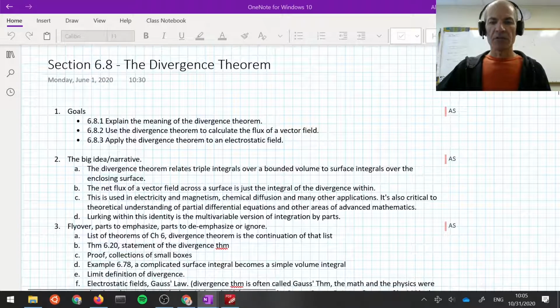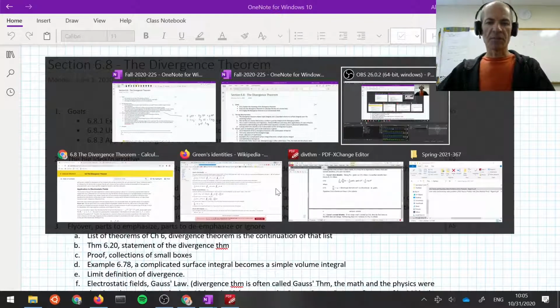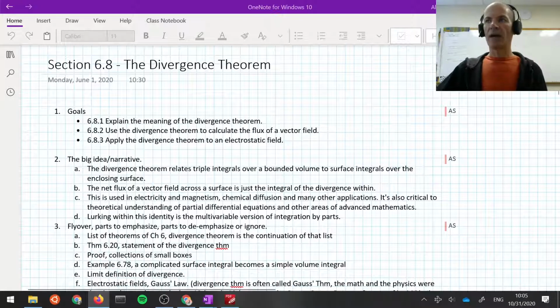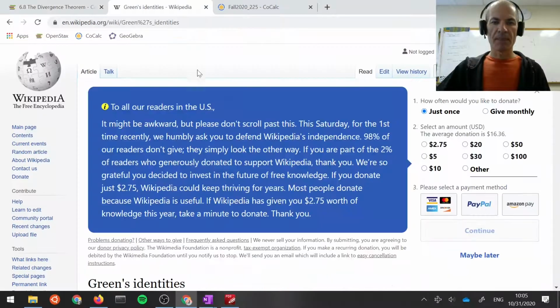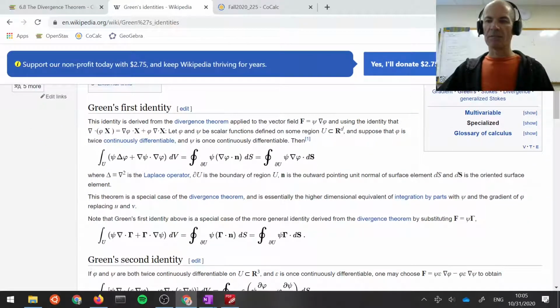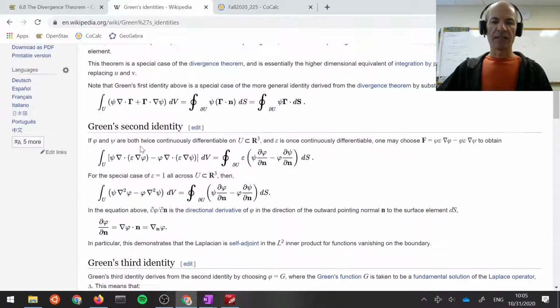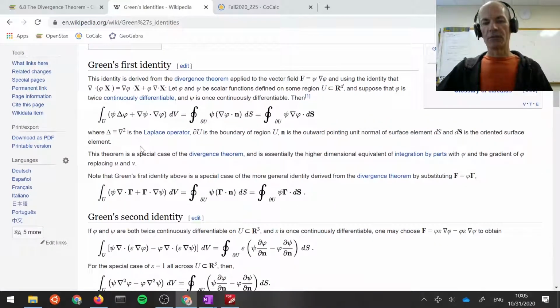A couple other interesting things lurking within Gauss's theorem, or the divergence theorem: it is a sort of higher dimensional version of integration by parts. If you search Wikipedia for Green's identity, yes, the same Green, you will find a collection of identities, all of which flow from the divergence theorem.